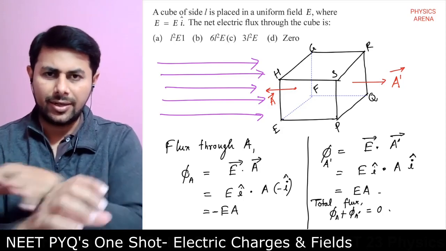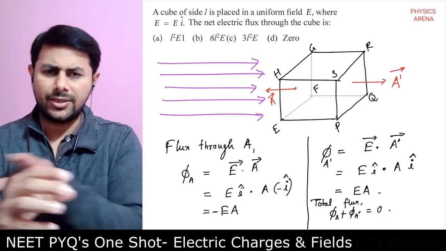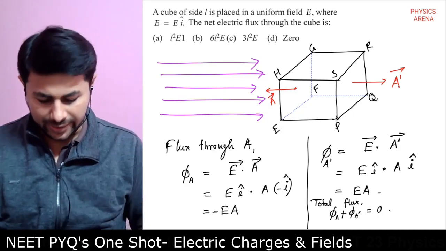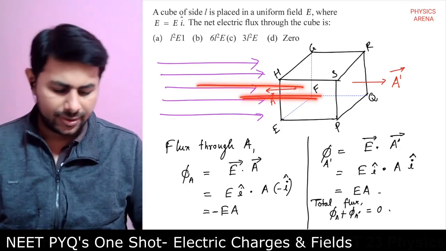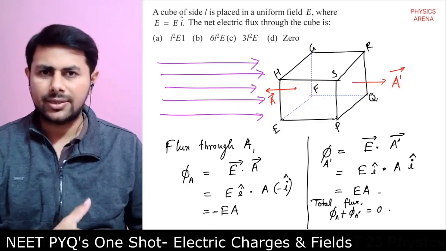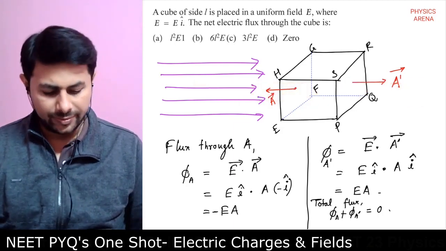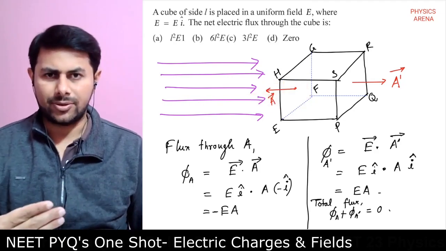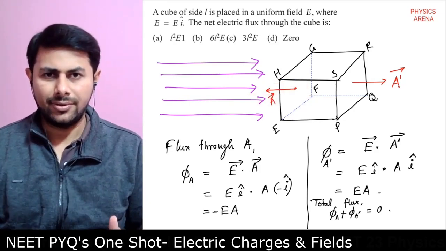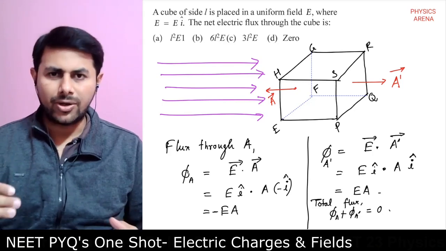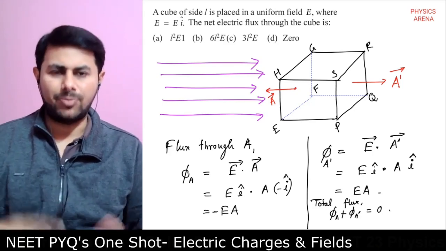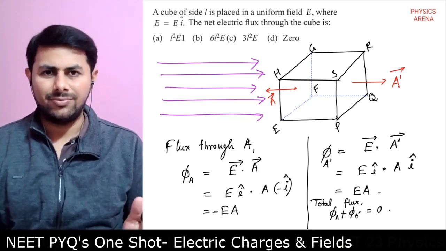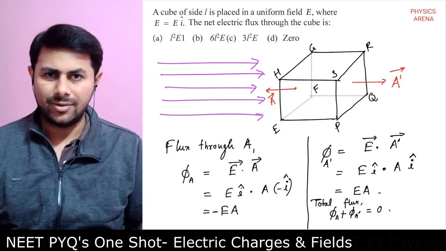Electric field lines entering from one side will leave from the other side. Whatever field lines enter from this side, they will leave from the other side, right? So suppose the flux for entering lines is positive, then the flux for leaving lines would be negative and the amount is the same, right?